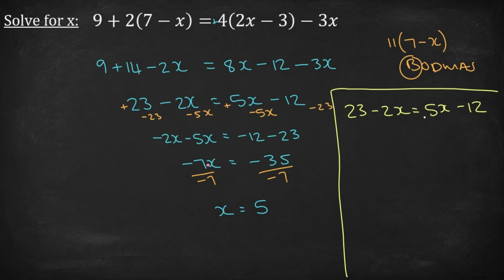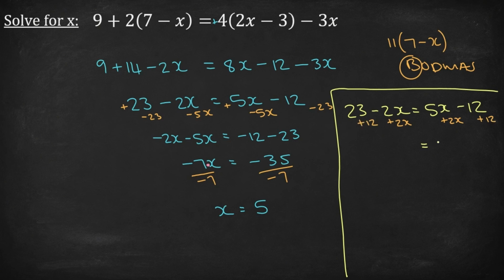And as you can see, if I bring this 2 over to this side, I will end up with a positive x. So that means if I add 2x on this side, I have to add 2x on this side. And I have to get rid of this negative 12. And to do that, I have to add 12 on this side and add 12 on this side.